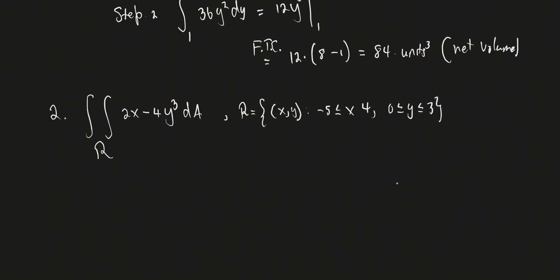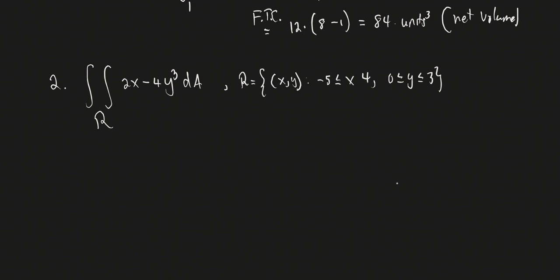And just to sketch what the base is, not hard to see what the base is, but let's say we sketch just the xy plane. So x goes from -5 to 4. So let's say -5, let's say that's 4. And x goes from -5 to 4. Forgot an inequality there.